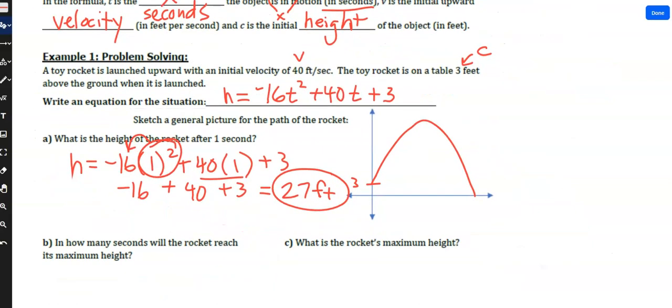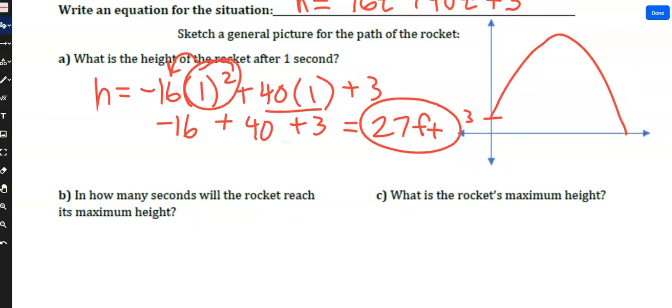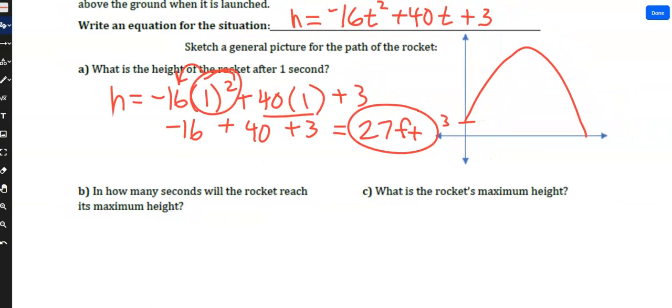So, part B. In how many seconds will the rocket reach its maximum height? Okay, well, remember, that's about the vertex, right? And we know that to find the first part of the vertex, that would be the opposite of B over 2 times A, which is negative 16. So we have negative 40 over negative 32.